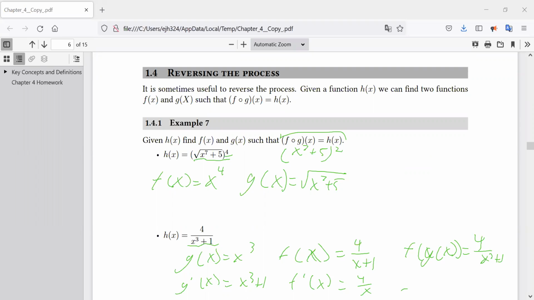And also if I do f prime of g prime of x, I get 4 over x cubed plus 1. So when I say that they're the same, I just mean that either of them is a valid solution for decomposing this. Can we think of the composition as a separate function? Yeah, the composition gives you a new function. All right. Thank you. Cool.